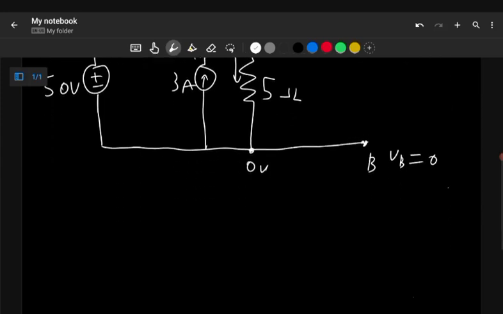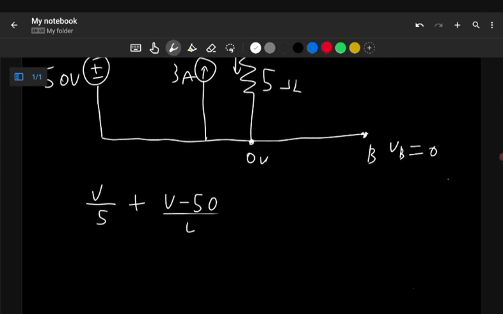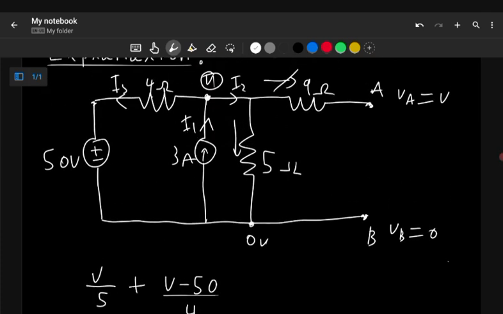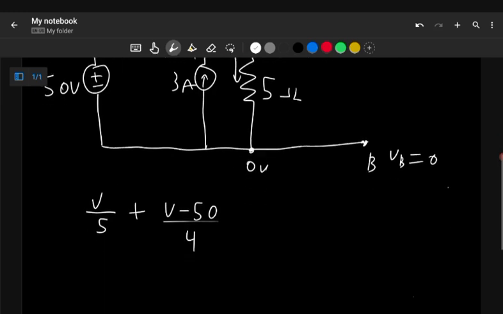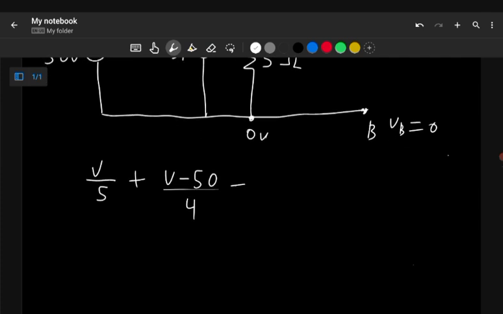By Kirchhoff's current law, V divided by 5 plus (V minus 50) divided by 4, because at this point the voltage is 50, so we need to subtract that from this voltage V, is equal to 3 amperes.